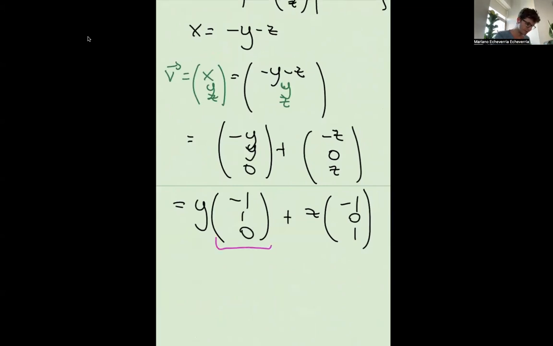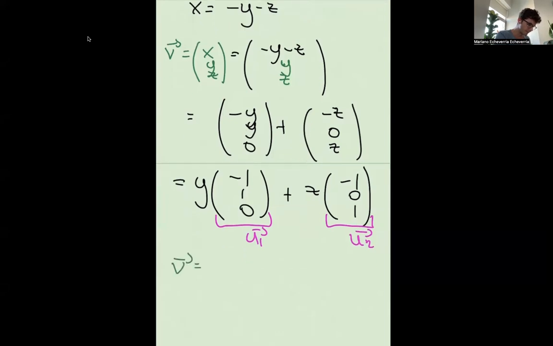So if you call this u1 and this one u2, this is saying that any vector v is a sum of y times u1 plus z times u2.